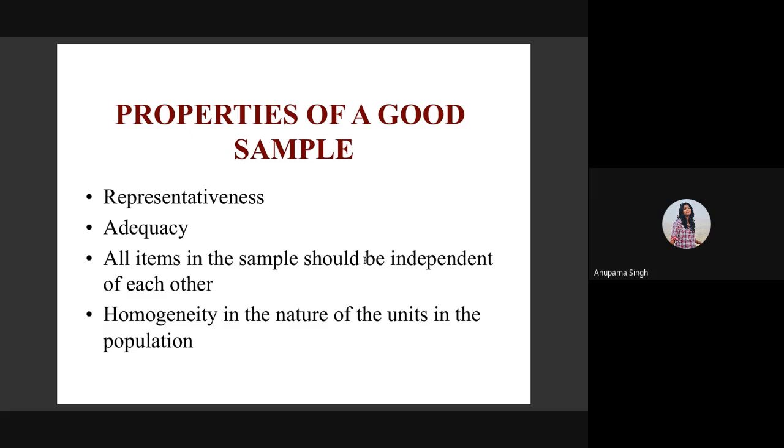If you are taking some age group in which you want to study some factor, then individuals should be there from each age section in which you are going to study the particular phenomena, right? So if the sample is representative, then the study will give you a better result.